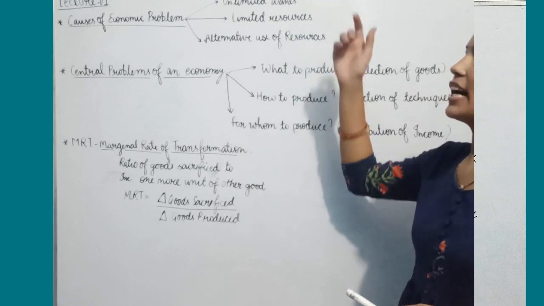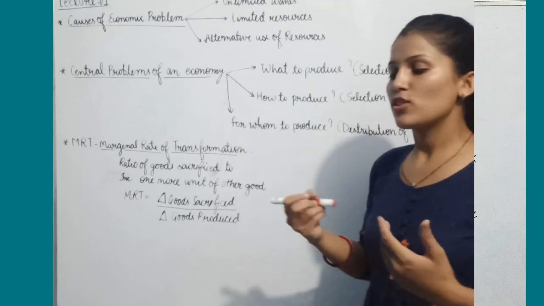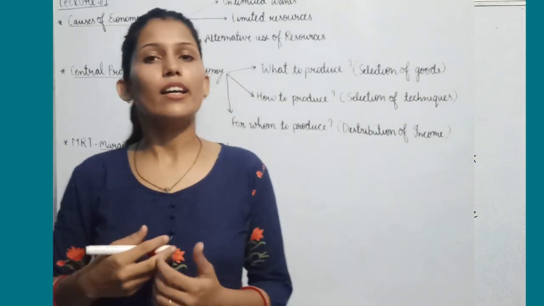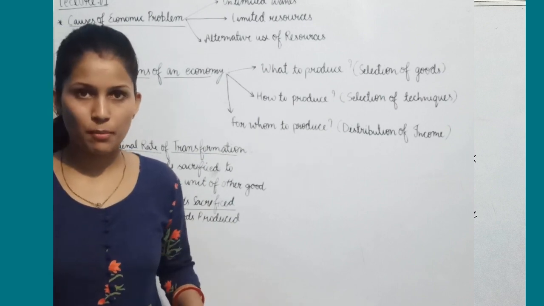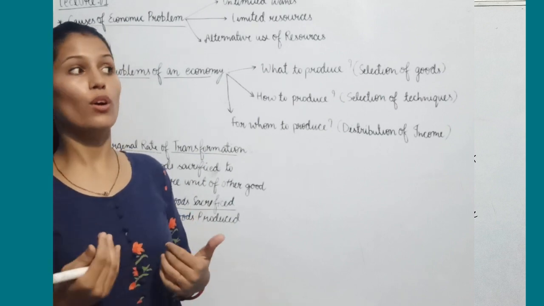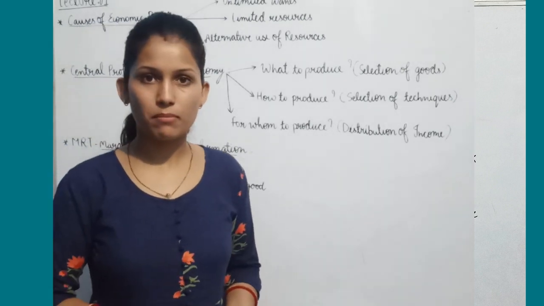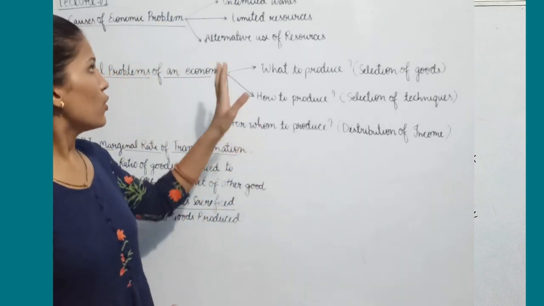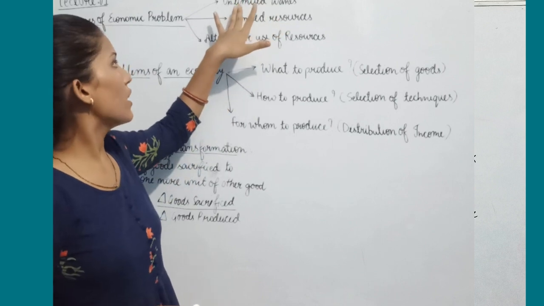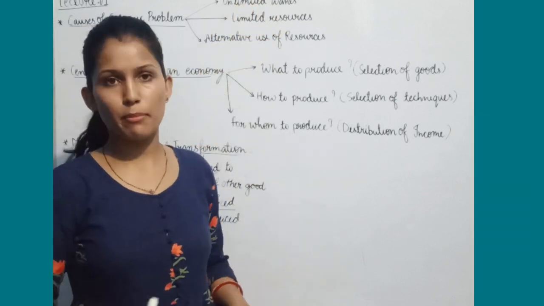First is our unlimited wants. As you know, human wants are endless. Whenever one want is met, suddenly another demand crops up. Clear? Similarly, human wants are unlimited.